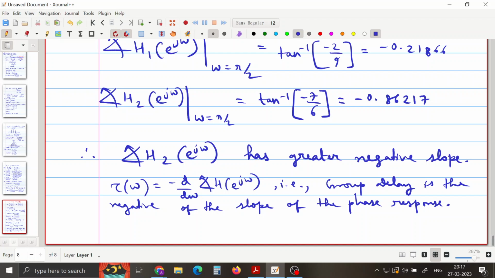So if you compare the group delays, clearly H2 is more positive, right? Greater group delay. Negative of a large negative number becomes more positive, right?